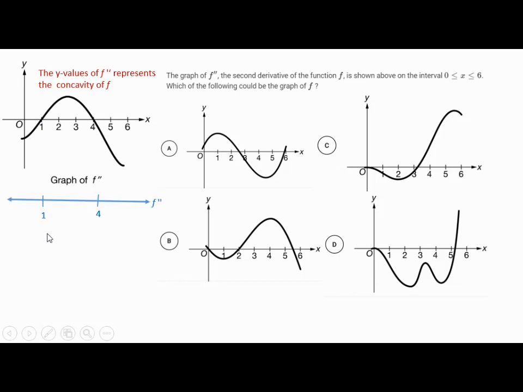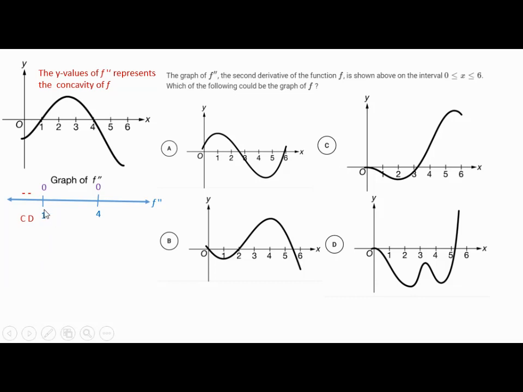So what I did is I drew a number line. And I marked off 1 and 4 because those seem to be important, because that's when the second derivative is 0. We are looking at the y values. So the y value of the second derivative of f is 0. Now, from the origin to 1, the y values are negative, which means that f is concave down on that interval.